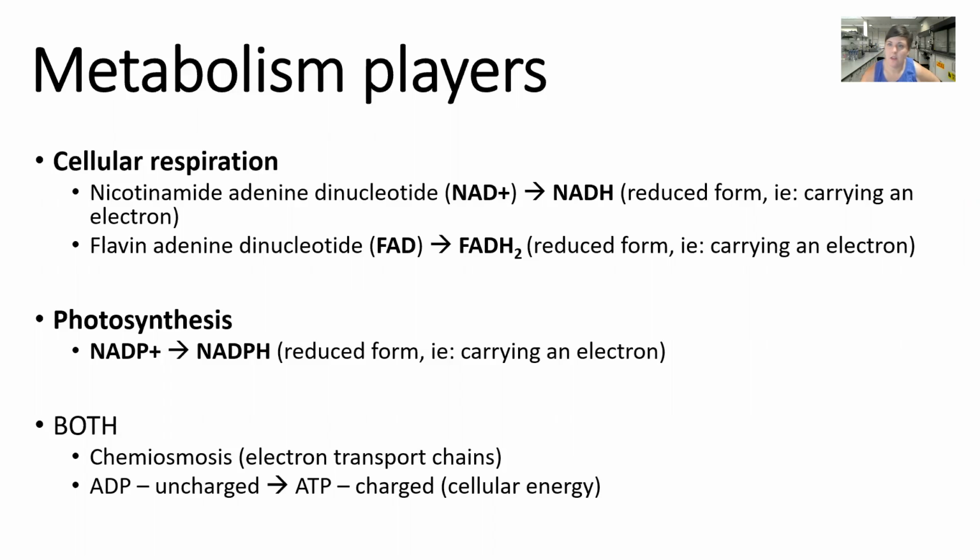The first is nicotinamide adenine dinucleotide, or let's just call it NAD+. When NAD+ gains an electron, so it's reduced, it also gains a hydrogen, remember? So NAD+ gains an electron and a hydrogen, and it becomes NADH.